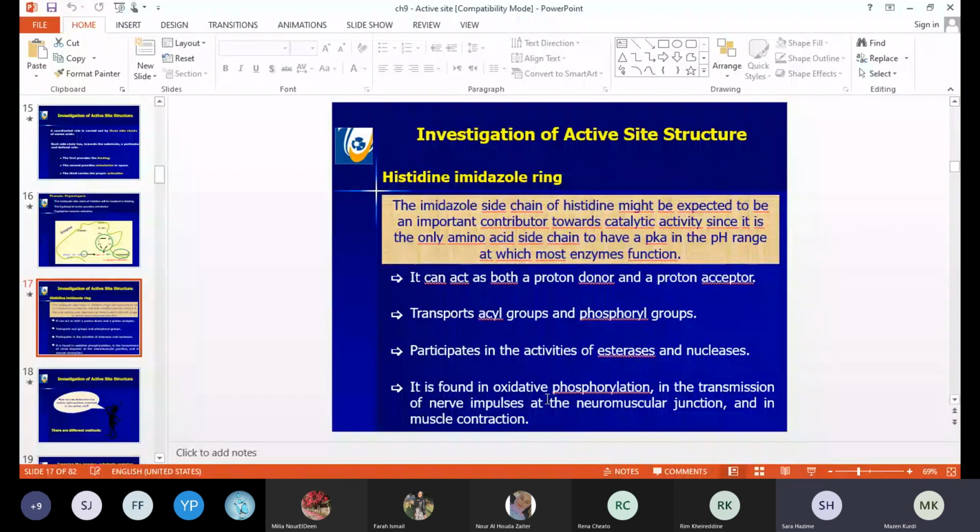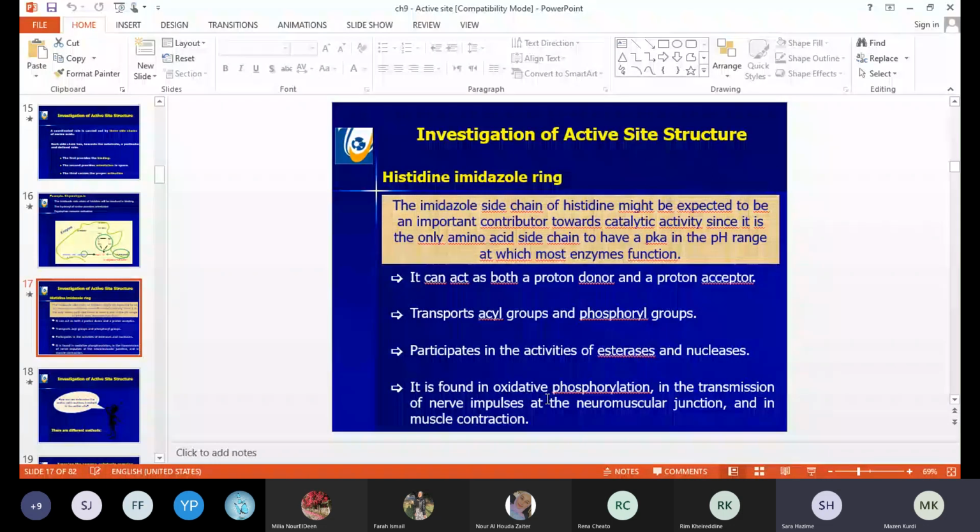In fact, the imidazole ring of the histidine acts as both a proton donor and acceptor, and this makes it an important amino acid in the active site of any enzyme. So if you have any doubt that a histidine could be present in the active site, you have to test this hypothesis directly, because yes, there is a big possibility that the histidine could be involved in the catalytic triad because of this important characteristic as donor and acceptor of electrons or protons.